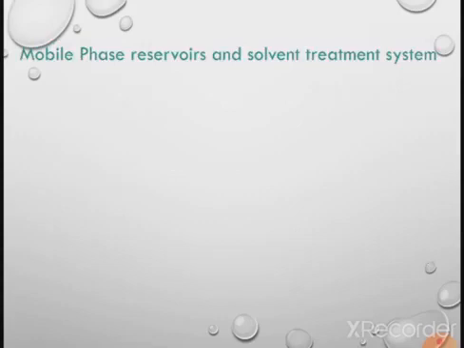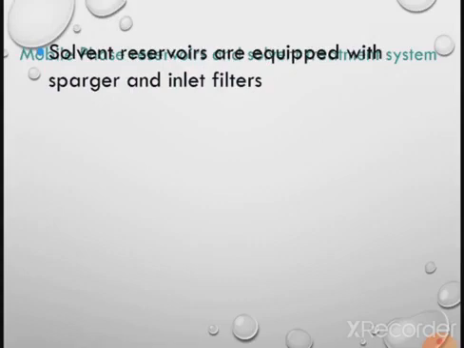Now the next we want to learn is the mobile phase reservoir and solvent treatment. The solvent reservoirs are equipped with a sparger and inlet filter. That means the mobile phase we are taking should be free from air, and that's why we sparge the mobile phase with inert gases so that they displace the oxidizing gases from it.